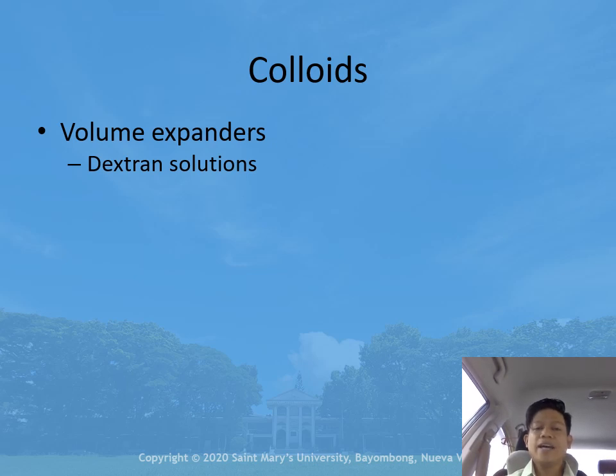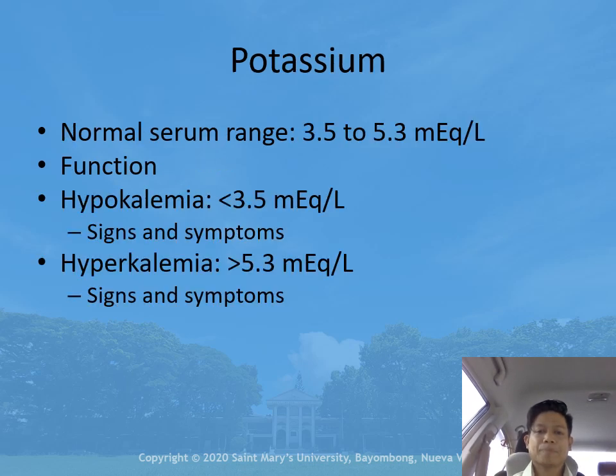If a client in severe shock is ordered to receive dextran as a volume expander, this type of fluid is known as colloid. Dextran is a colloid. Normal serum potassium level is 3.5 to 5.3 milliequivalent per liter.